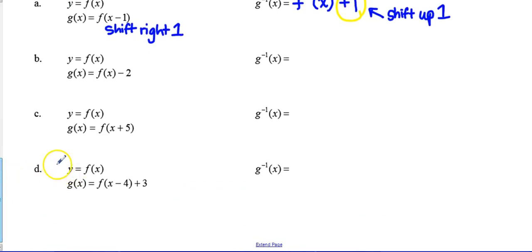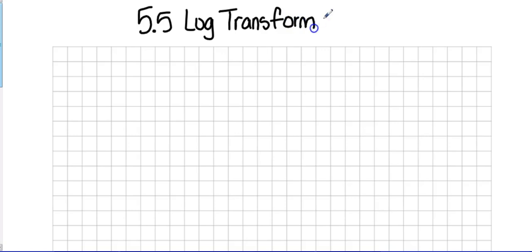Let's now move over to our piece of graph paper. And at the top, we're going to label it 5.5 log transformations.